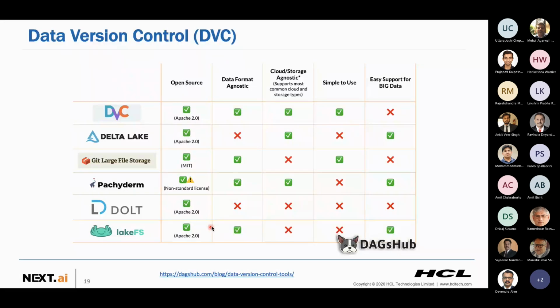But based on this chart, we selected DVC because it is obviously open source, data format agnostic, and DVC also supports the cloud blob storages like S3, Google storage buckets, as well as Google Drive. And it is also simple to use. It has a lot more features when compared to Git LFS. That is why we used DVC as a tool for data version control.